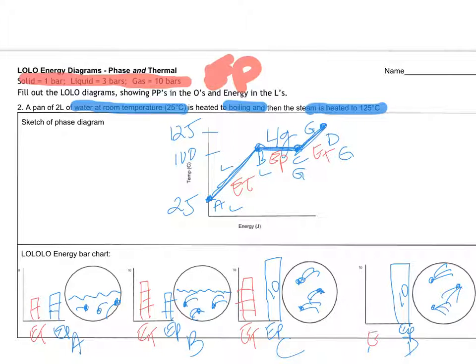At D, I'm at 125 degrees, so it's hotter, so I need to increase my bars. I know that's not exactly to scale, but I could have 5, I could have 8, I could have 10, whatever I want here, to show that it has increased my bars of thermal energy.